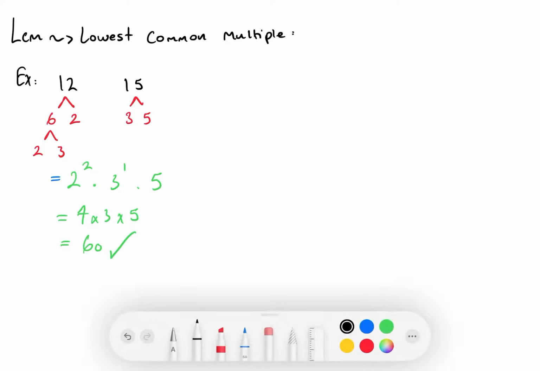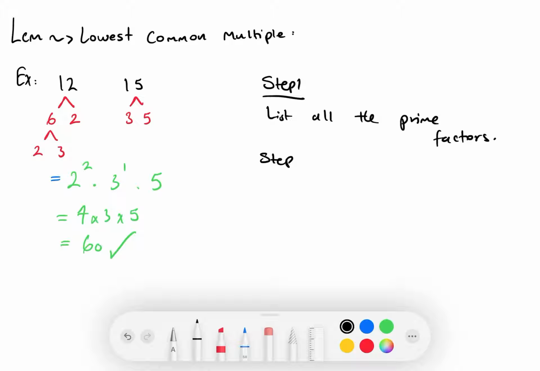So what I did, step 1, I basically listed all the prime factors. Then I would take a look at both of these numbers, and if a prime factor appears more than once in any of these numbers, I would list it that many times.